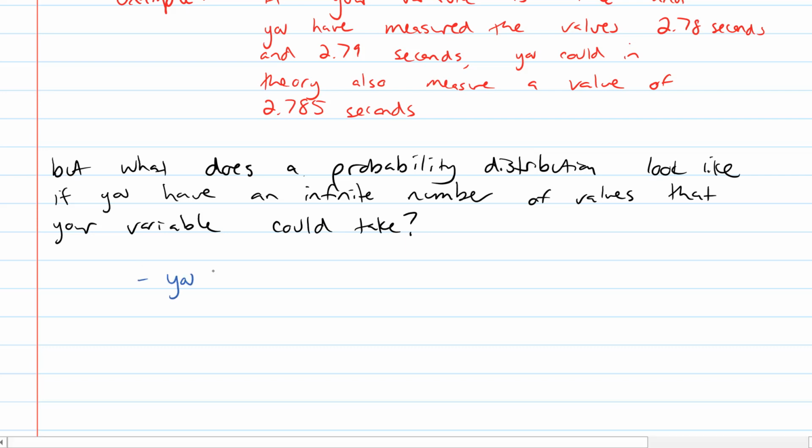What you could do, you could group the data into bins and make a histogram.